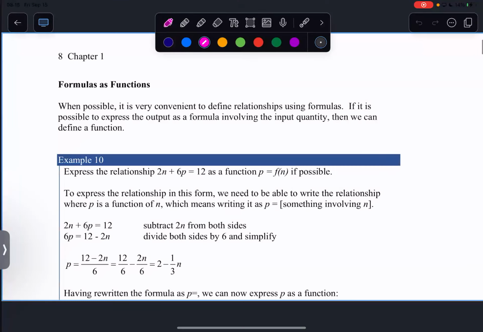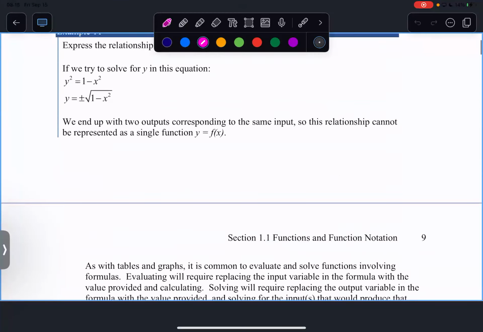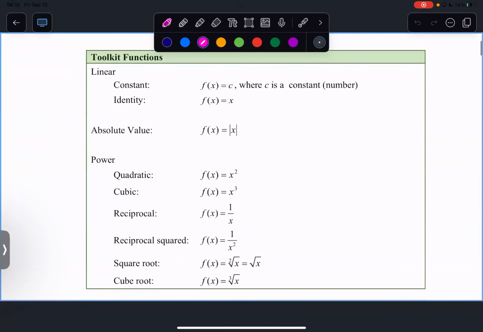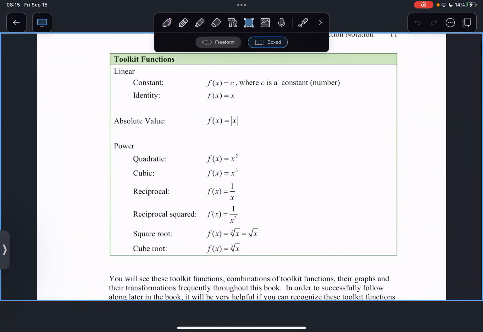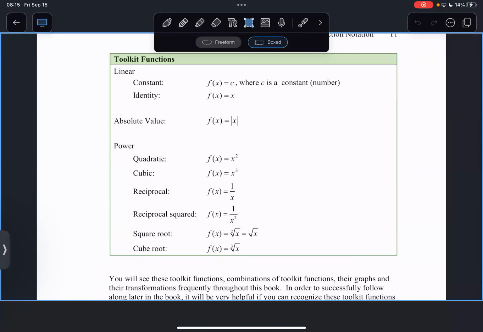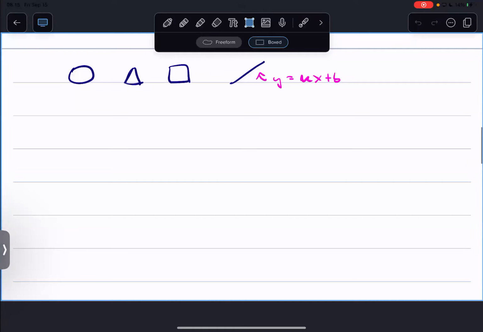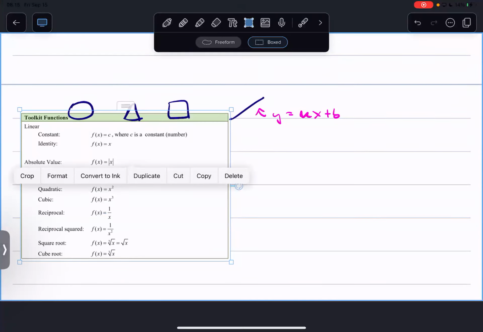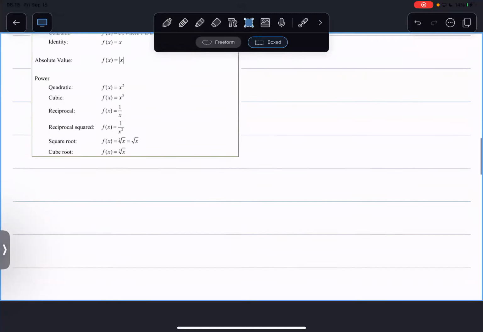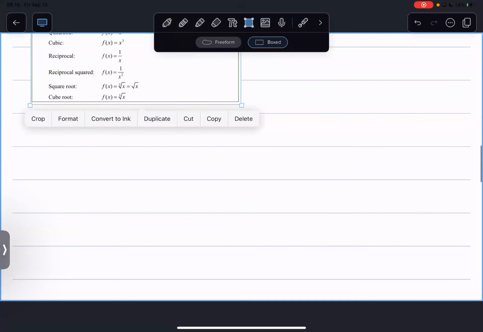And so let's see here. Where are these? This toolkit functions. I'm gonna snag this whole thing. So first we're gonna introduce them all, and some of them we've seen already, right? And so that's nice.